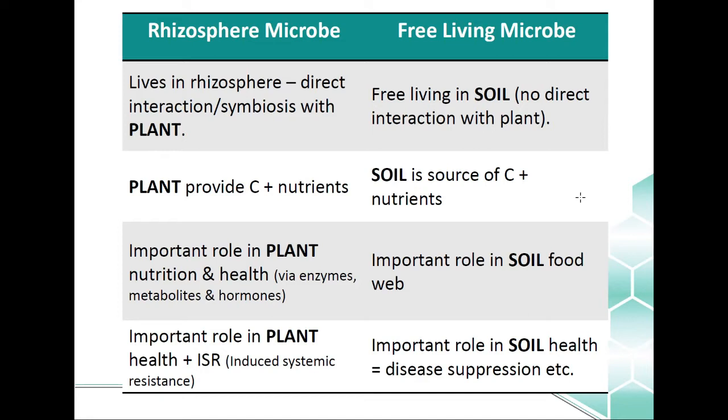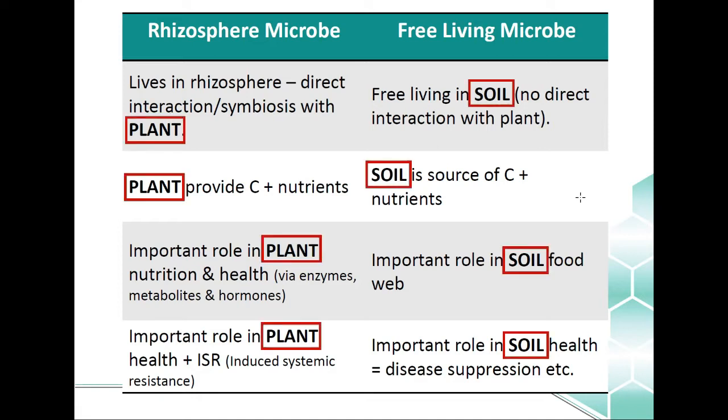And then also rhizosphere microbes are very important in plant health via that induced systemic resistance, the molecules they produce to switch on certain genes that give the plant better resistance towards pathogen infection. Whereas the free-living microbe is very important in soil health, for example, suppression of dominant pathogen groups in the bulk soil. So the main difference between a rhizosphere microbe and a free-living microbe in the bulk soil is its focus.